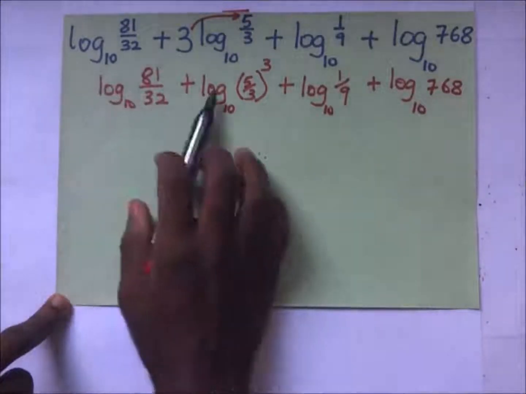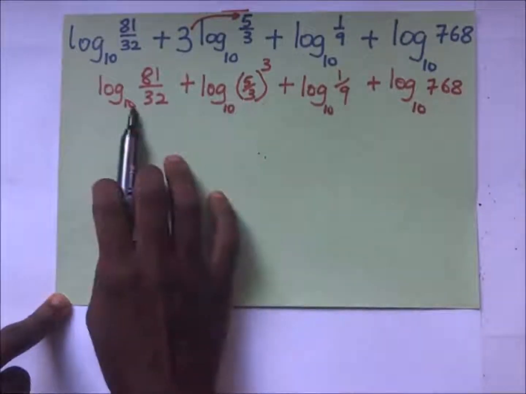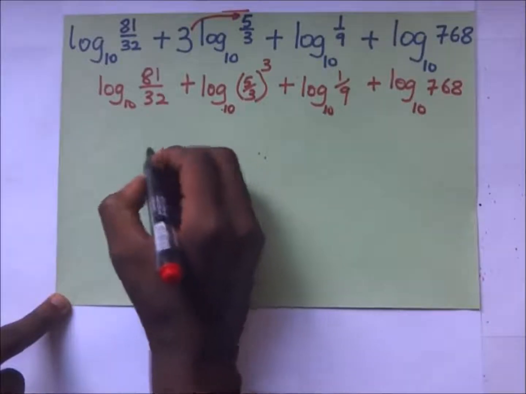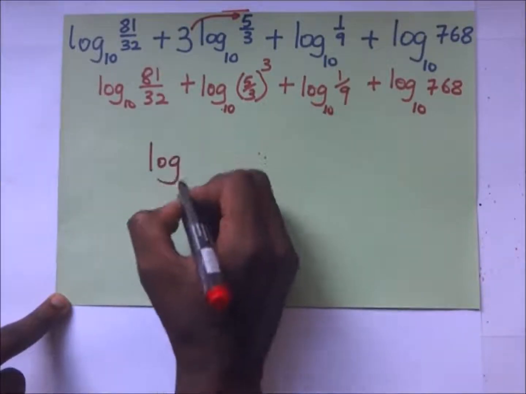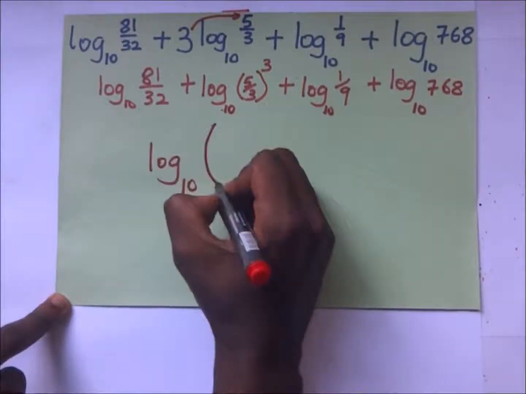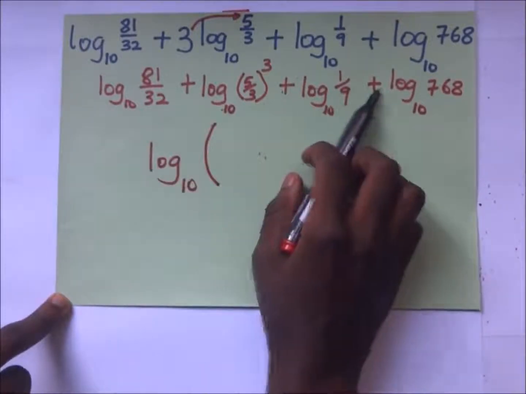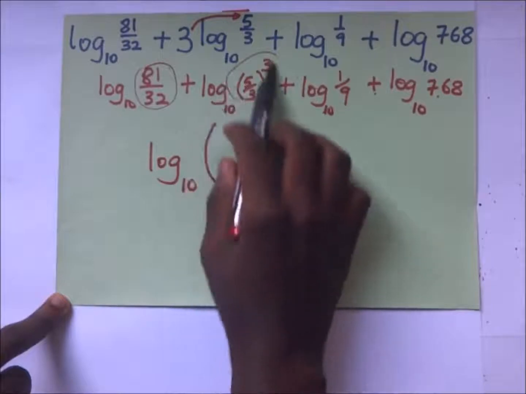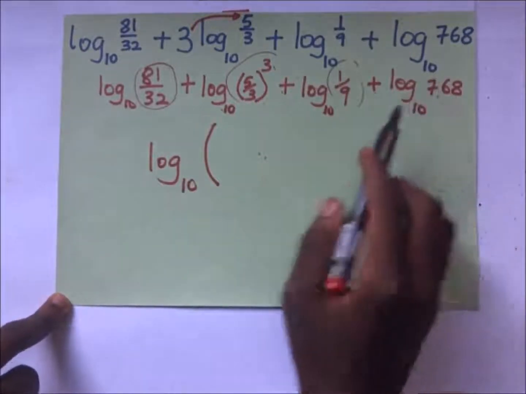Then since it's all addition and we are having the logarithm, they are all of the same base 10, so we shall maintain the base. It's going to become log to base 10 of, since it's plus throughout, the numbers are going to be multiplied. We multiply this by that, by this, by that.